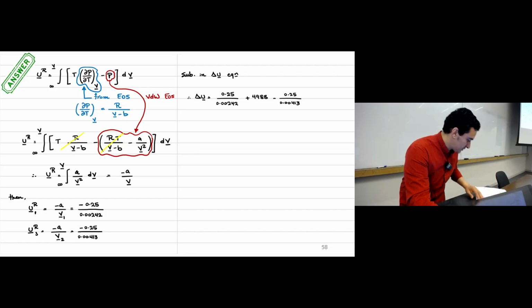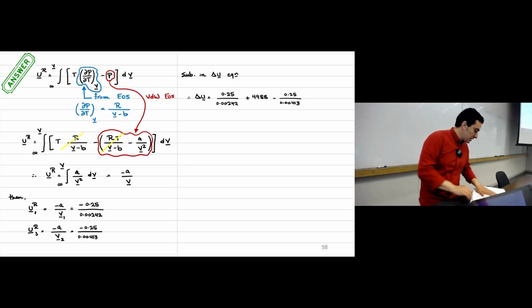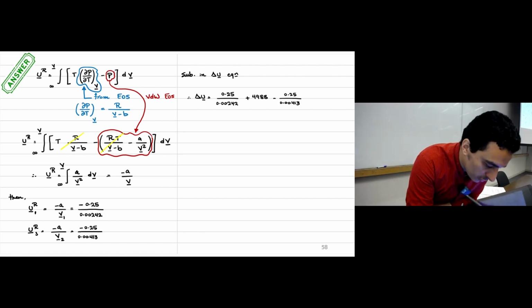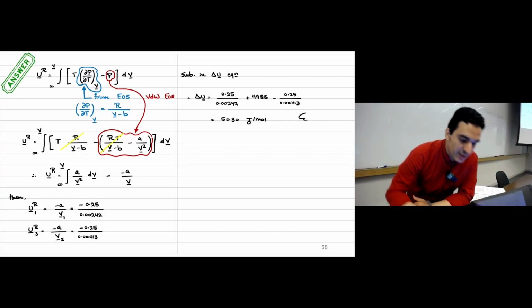So we have all these values given. We can just substitute in this equation, and delta U will be 5030 joule per mole. And this is the second requirement.